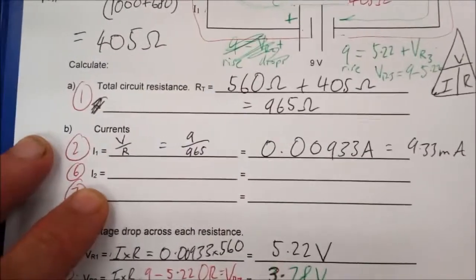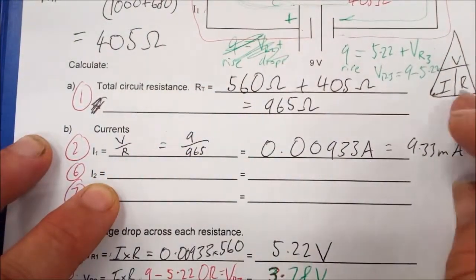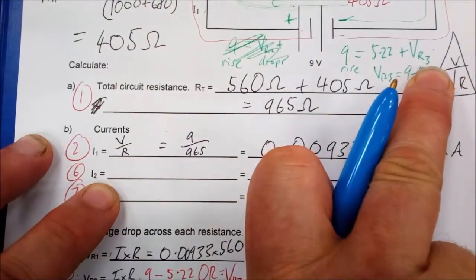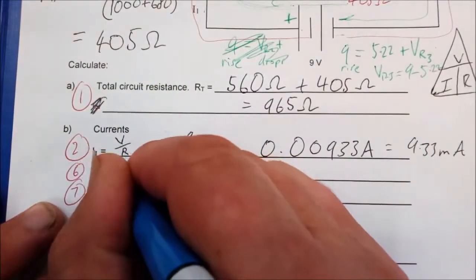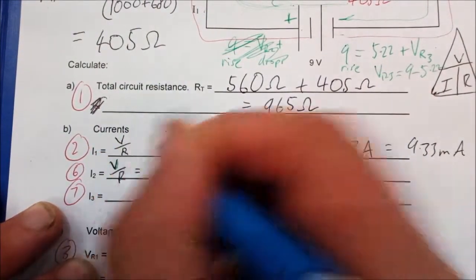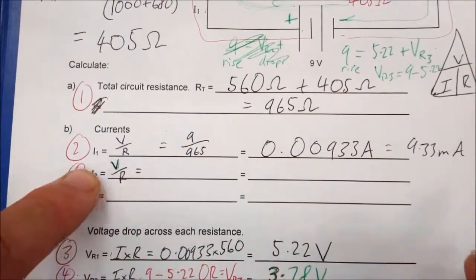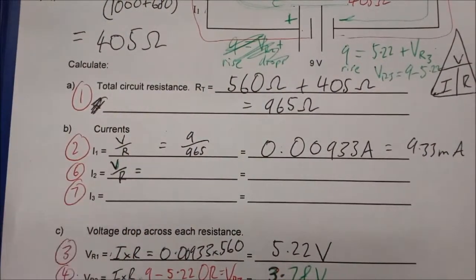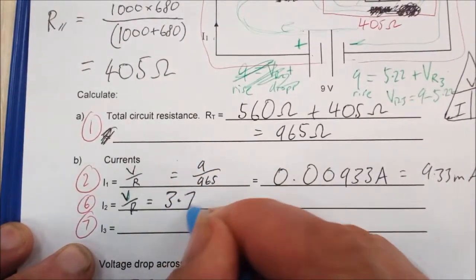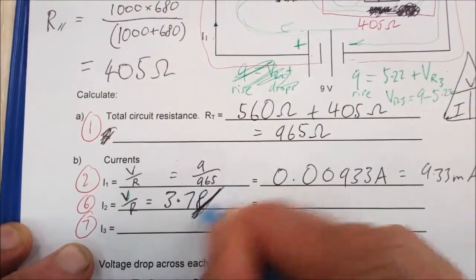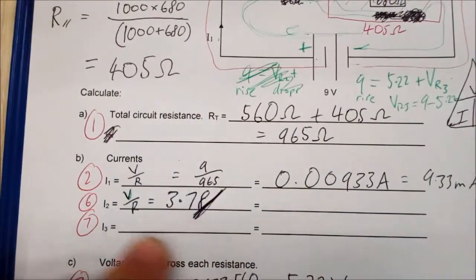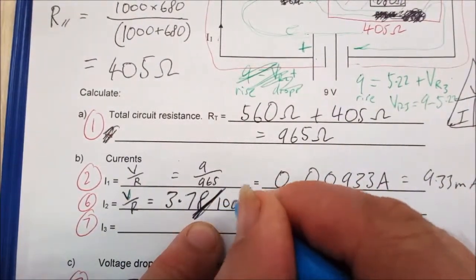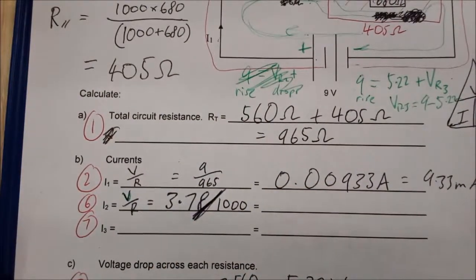So I2 equals, according to Ohm's law, I equals V over R. I equals V divided by R. Now let's focus on this resistor, and the voltage across that resistor we've calculated, and that is down here. That is 3.78, divided by the resistance, which is 1,000 ohms.